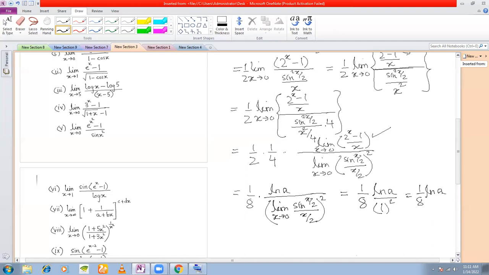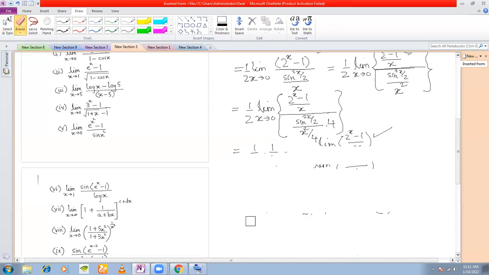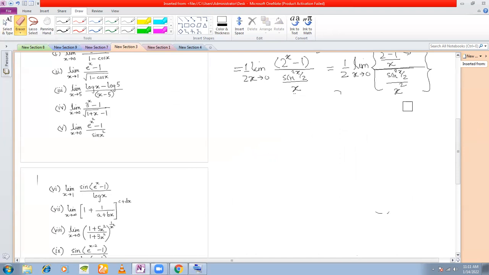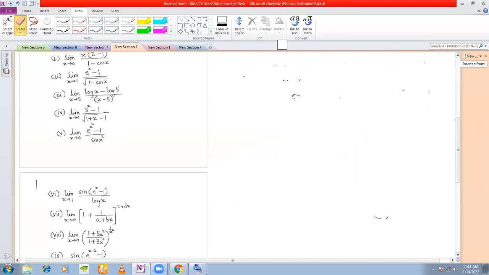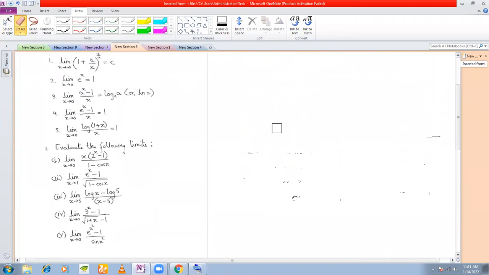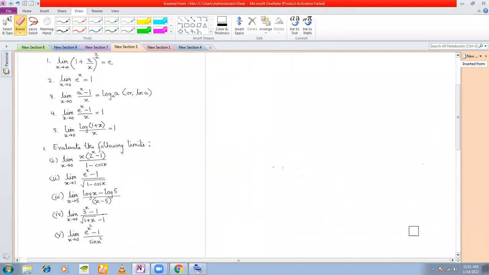So we can now move on to the next problem then. Second question is, limit x tends to 1, e to the power of x minus 1 divided by root 1 minus cos x.